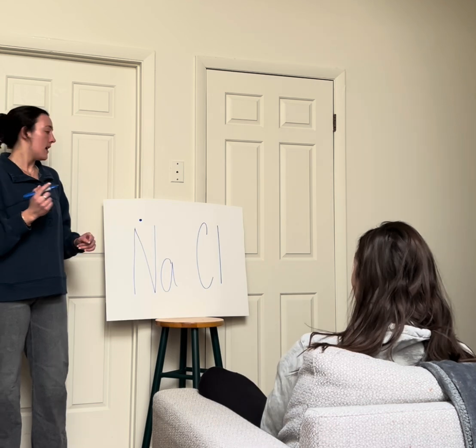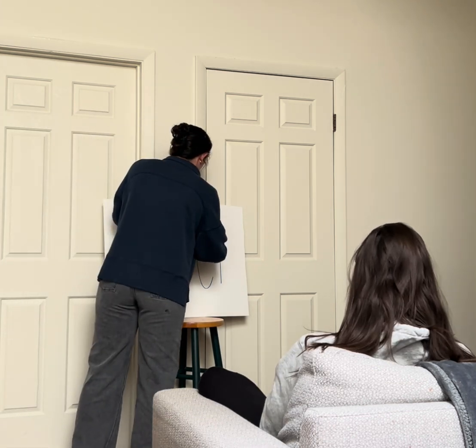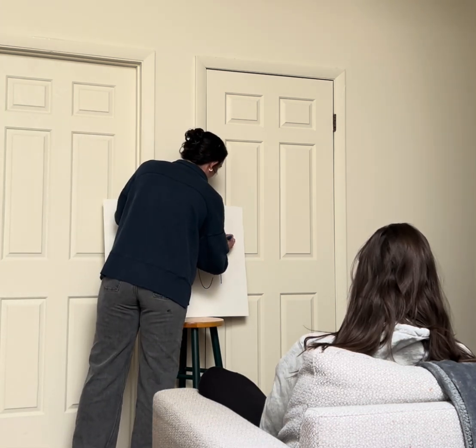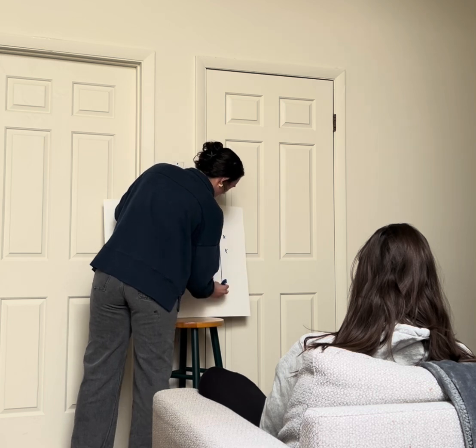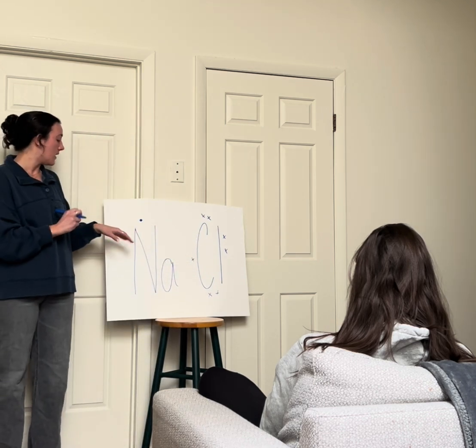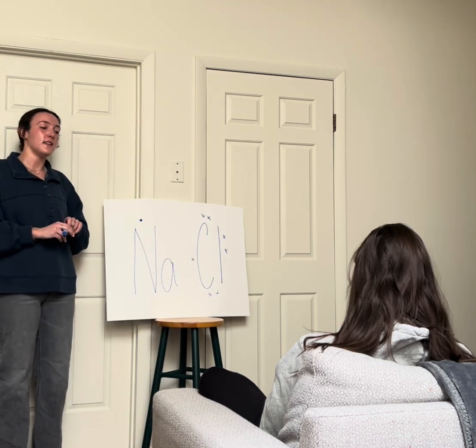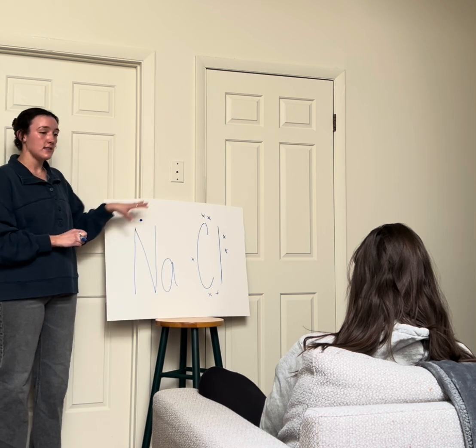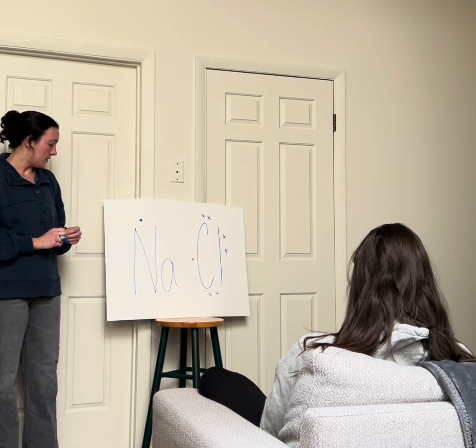Yes. 7. Yes, every element in group 17 will have 7 valence electrons. So I'm going to draw 7 X's around chlorine to show that. Now I'm drawing X's on chlorine and a dot on sodium just so we can identify the difference between the valence electrons from the two atoms.